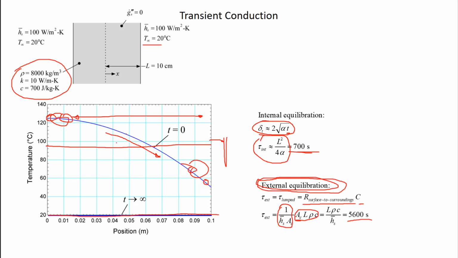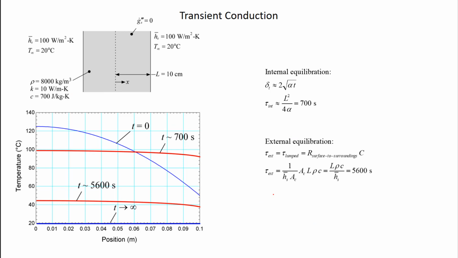And then once that happens, I'm going to get this basically flat temperature that's going to slowly drop down towards T infinity. And that slow drop is going to be basically an exponential, and the time constant of that exponential is about an hour, right? So that's what I would anticipate happening. If I ask you to draw a temperature as a function of position at different values of time, I would expect to see something like this, right?